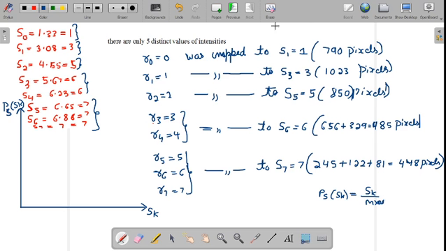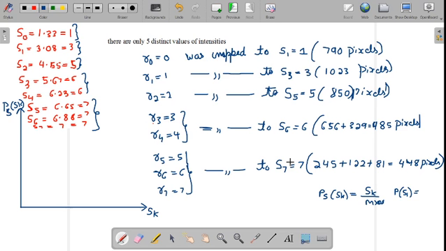First thing we need to find it for S1. So the probability for S1 is how much? What is the value of Sk? Sk means 790 pixels. We need to calculate for S1, S5 and S7.